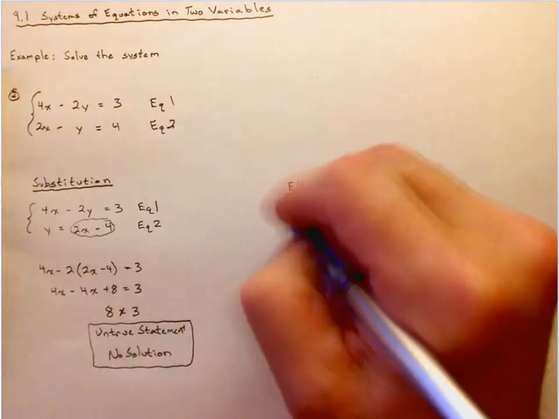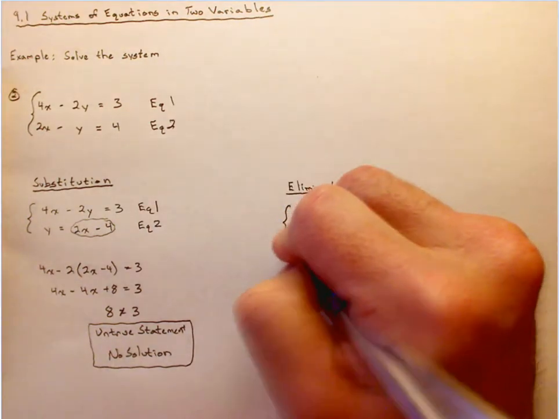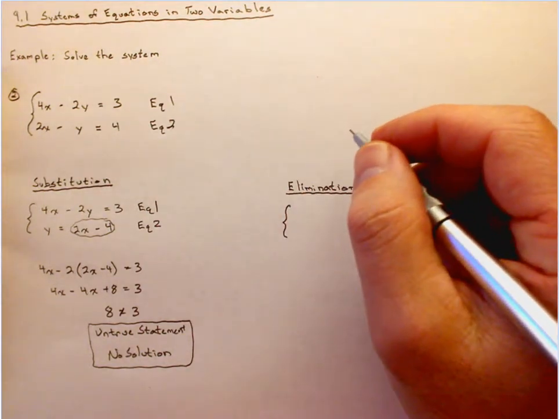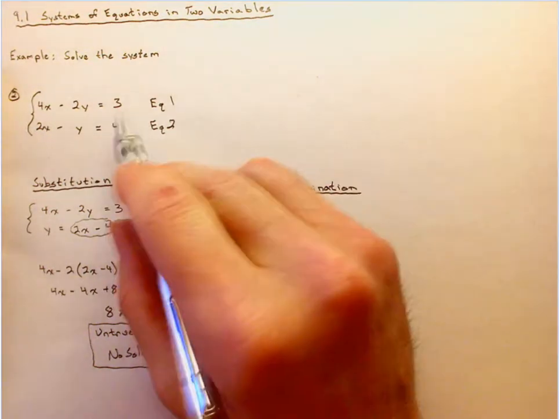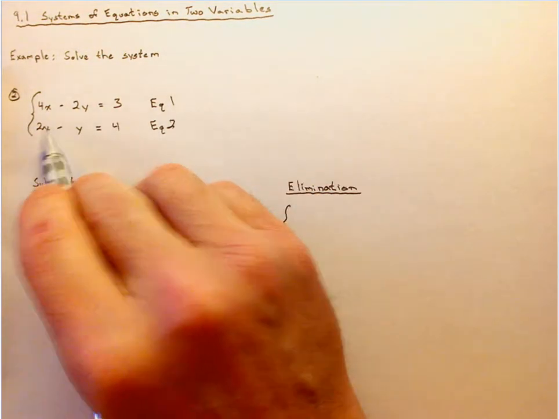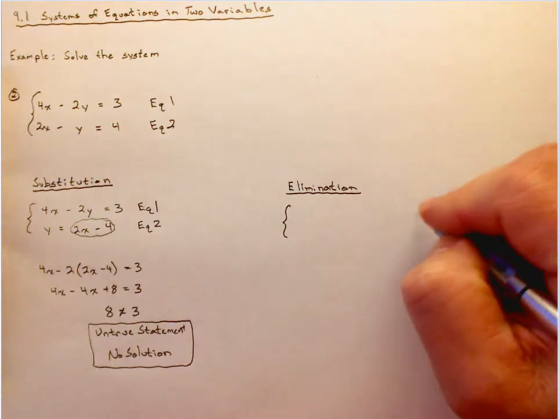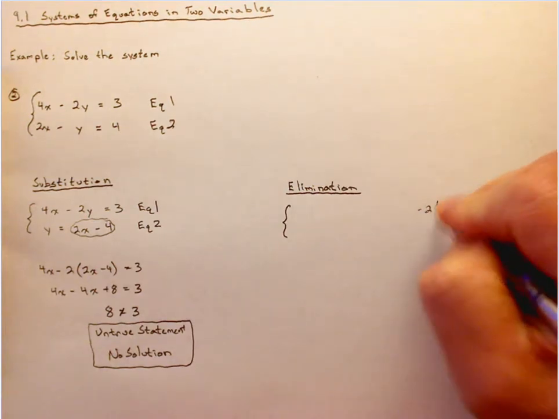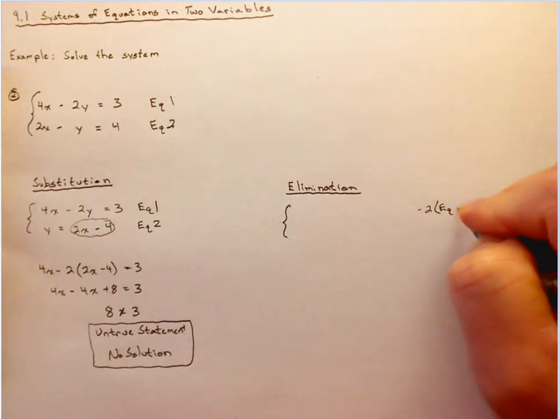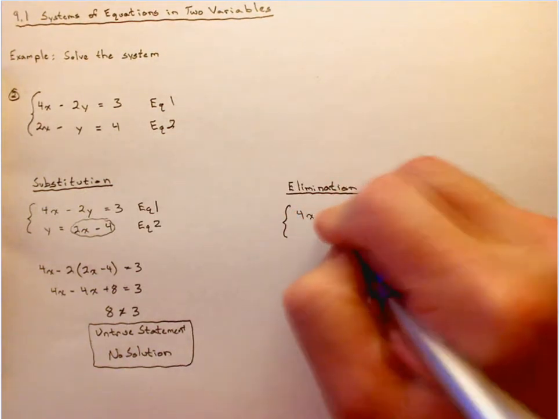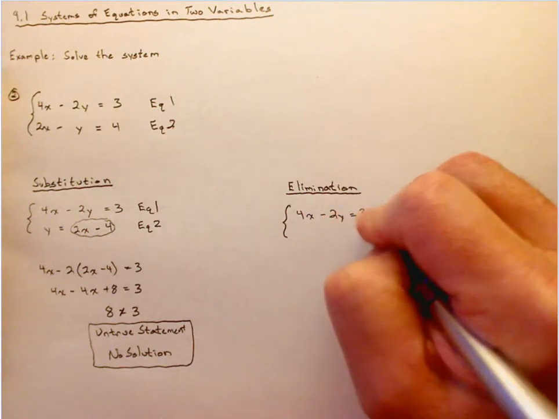And then let's look at elimination. And for this, I'll multiply through equation 2 by a negative 2. I'll just go ahead and write it out. 4x minus 2y equals 3.